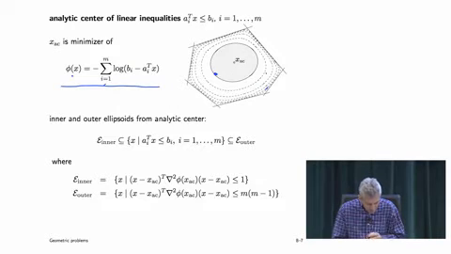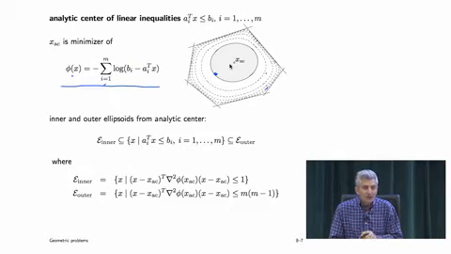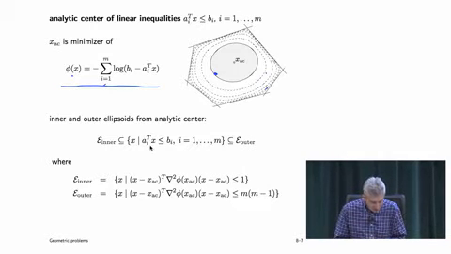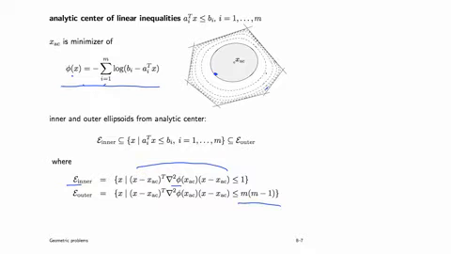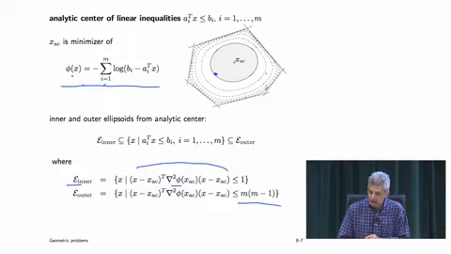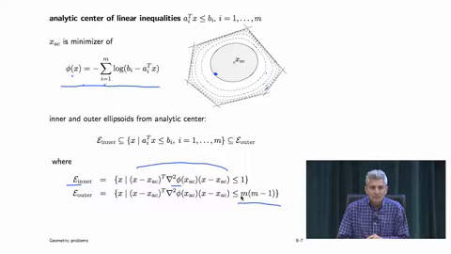Now, it turns out there are guaranteed approximations. If you take the ellipsoid defined by the Hessian of the analytic center, then with a 1 here, it always lies inside the set, and this one always lies outside the set, covering it. This is a worse approximation ratio than the maximum volume one, and the reason is this number here is m squared.